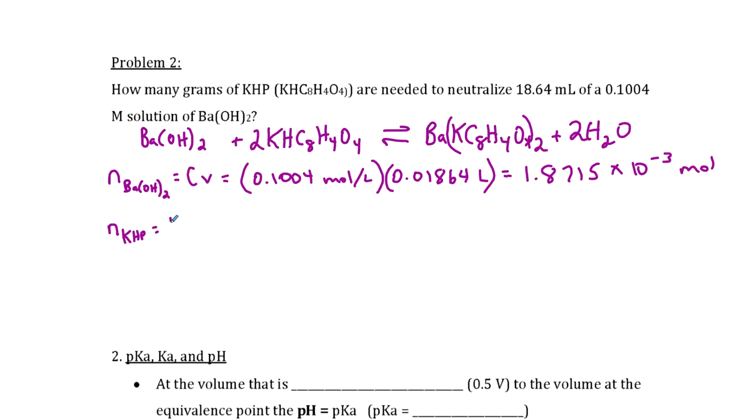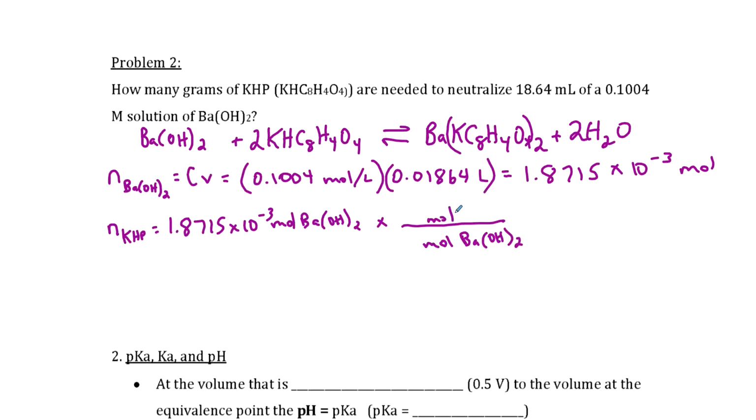So I'm going to take the 1.8715 times 10 to the -3 moles of Ba(OH)2, and I'm going to use the mole ratio. Now, in this step, we actually don't have a 1-to-1 ratio. So on the bottom, I'm going to put moles of Ba(OH)2, and on the top, I'm going to put moles of the KHP.